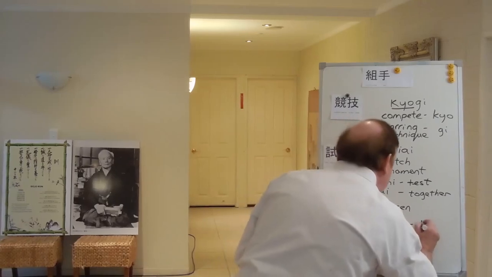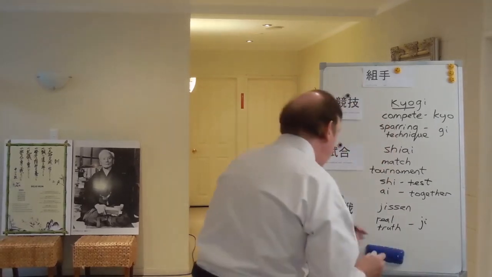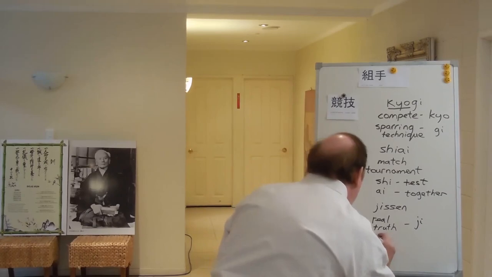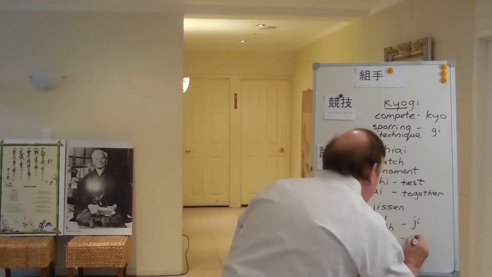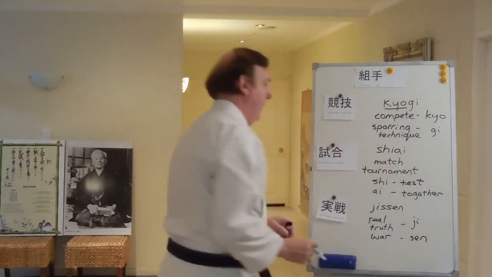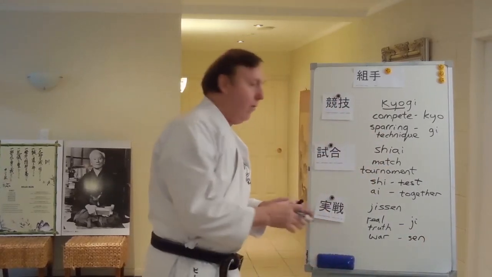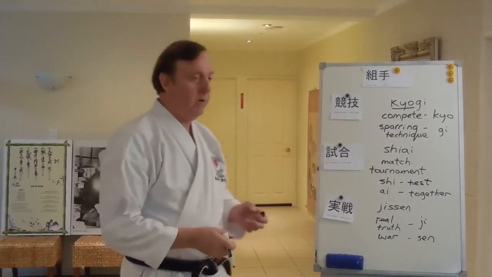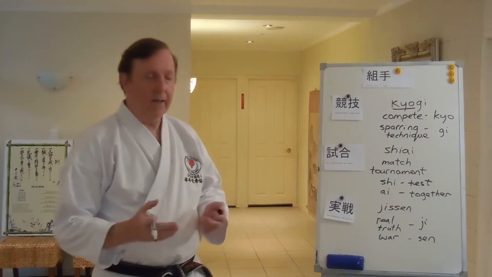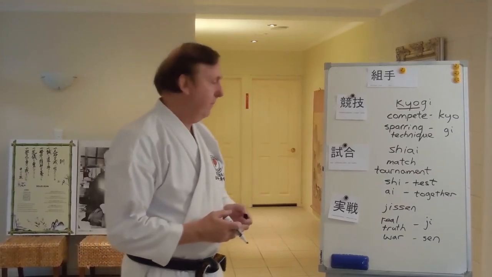So this is the ji. And sen means war, or a battle, equals jisen. So jisen equals a war or a battle for real. As we said before, could be for any use out in the street or even in combat.